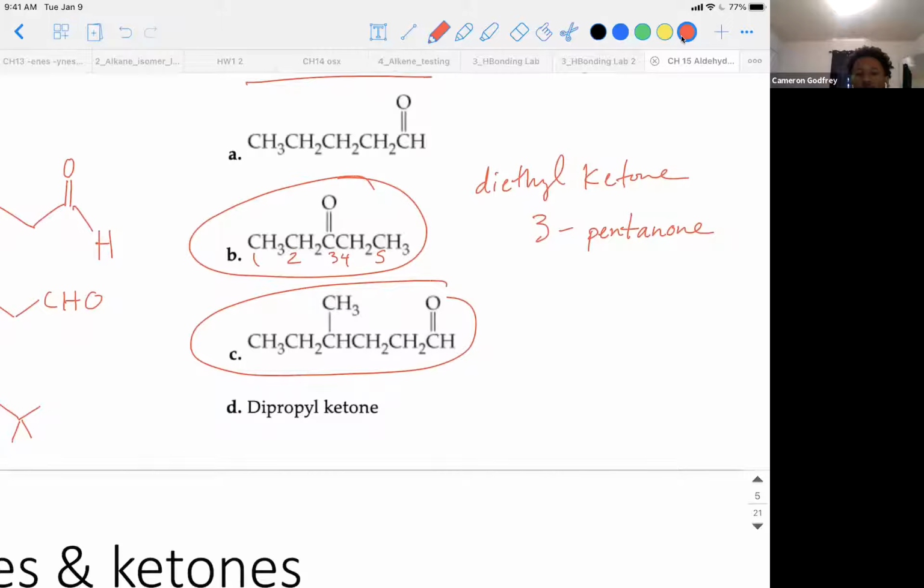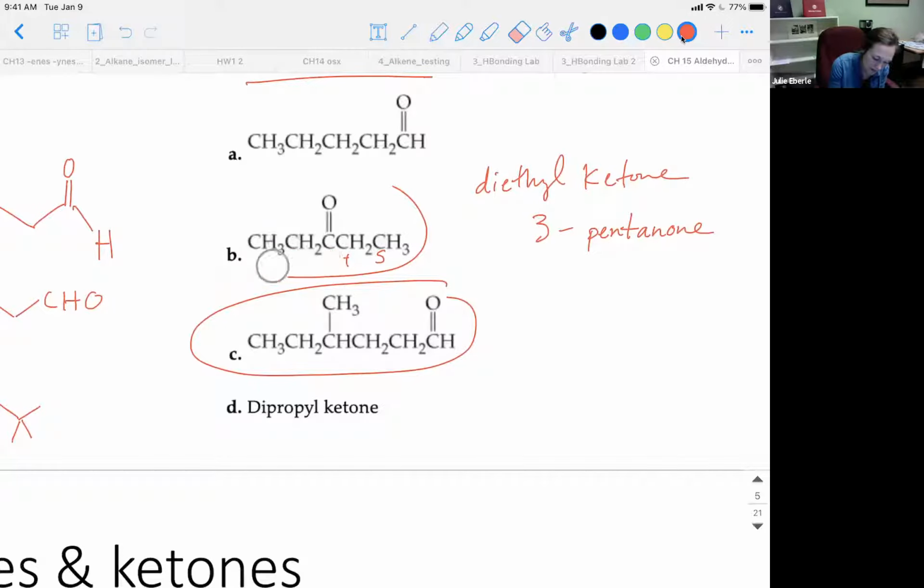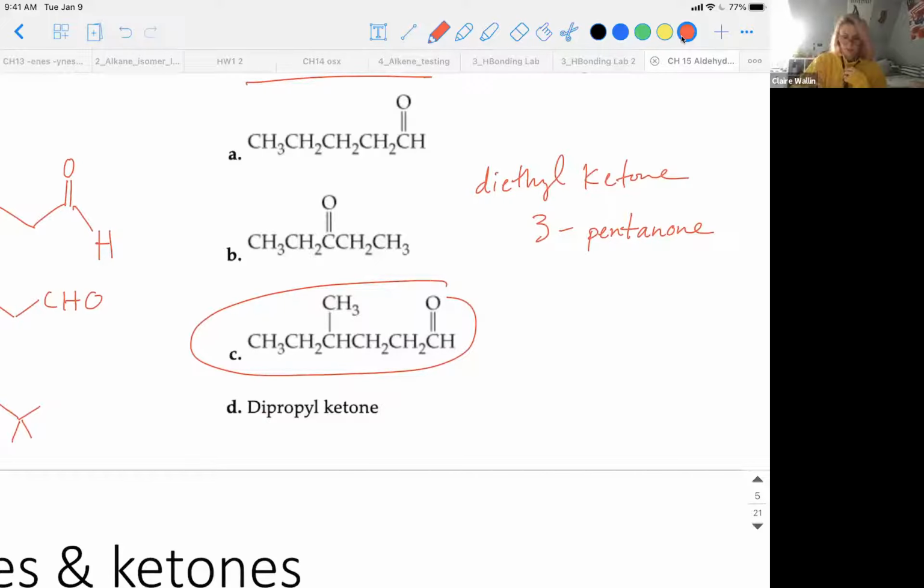Okay, C. Why is it diethyl? Anybody feel confident on why that's diethyl? Is it because you could technically have the branch for the CH2, CH3?